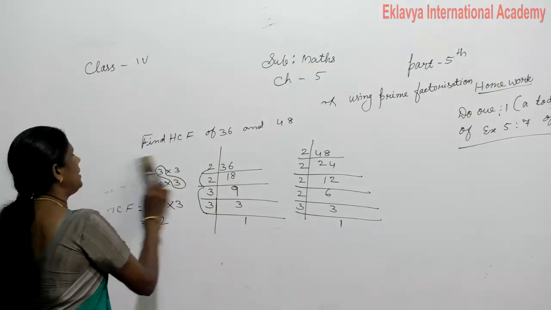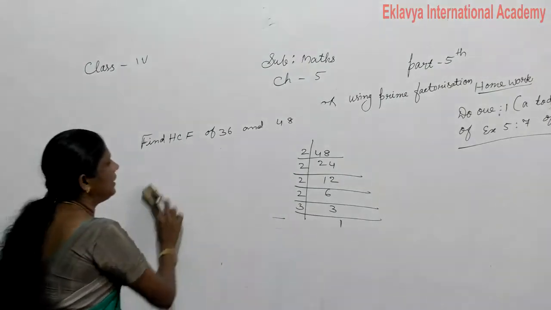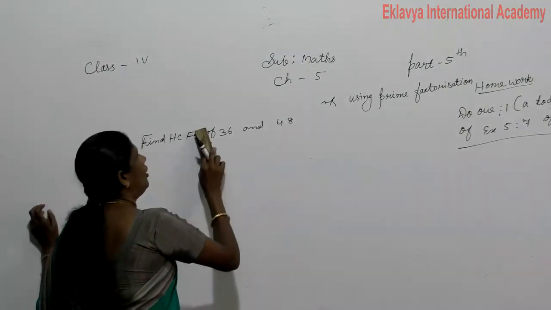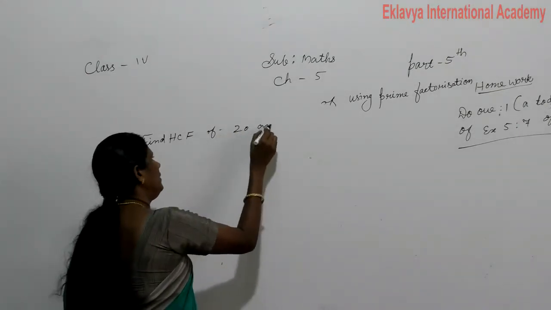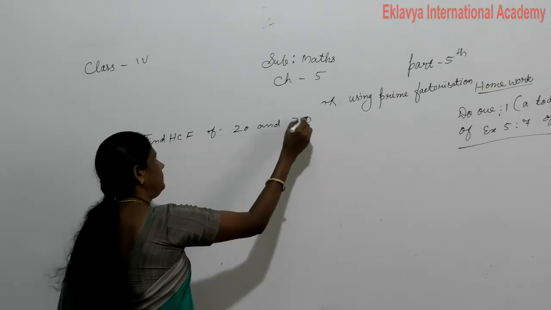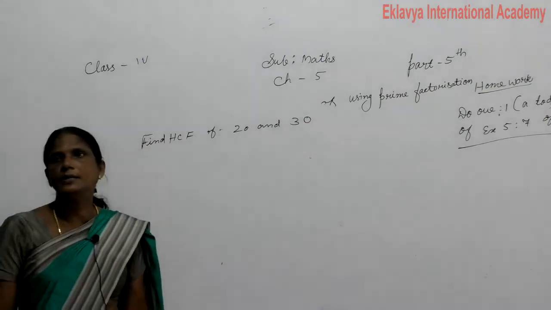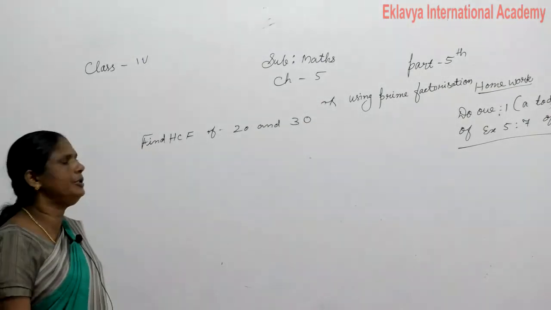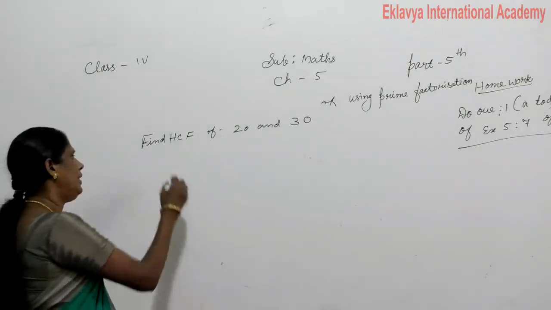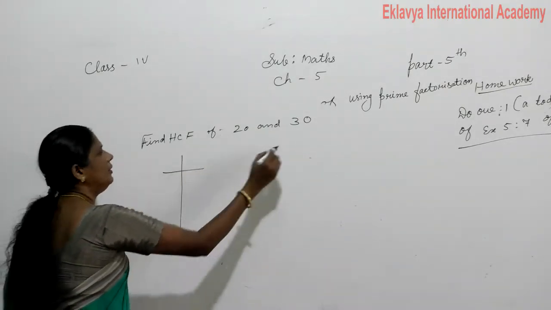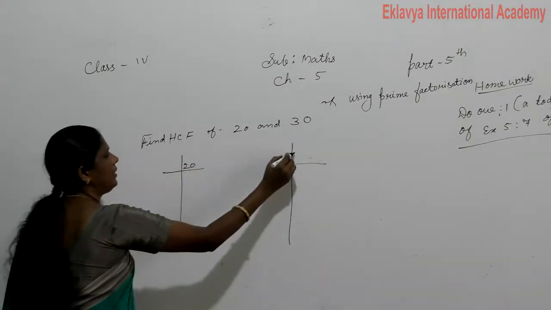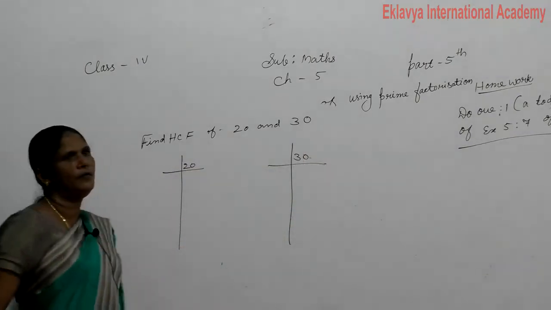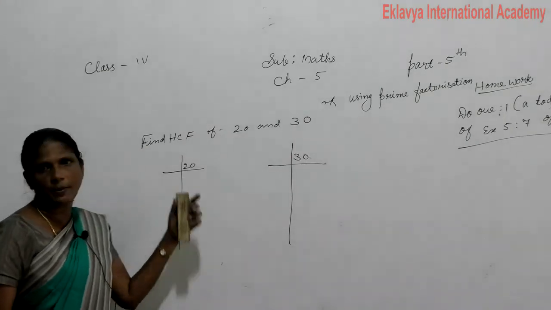Again one more question. Find the HCF of 20 and 30. Again you do here 20, here 30. First you check whether 20 is divisible by 2.